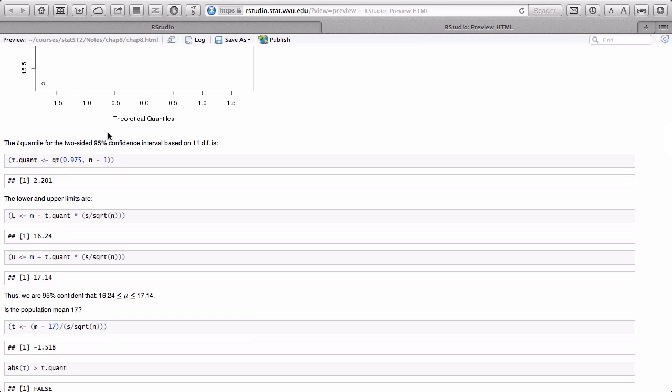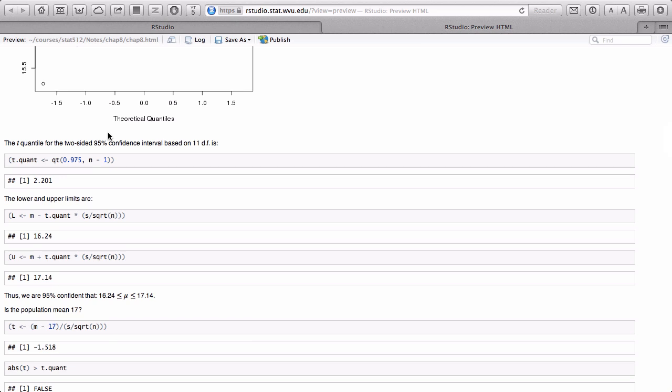You see that the upper quantile is 2.201, and as I mentioned last time, if you actually went to the normal tables or used R to find the 0.975, you would find it's 1.96. So it's really the difference between 1.96 and 2.2. It's not a lot, but it could make a difference. If your t-value came out to 2.1 and you were using a normal approximation, you'd say reject, but here we would say fail to reject. So it can make a difference.